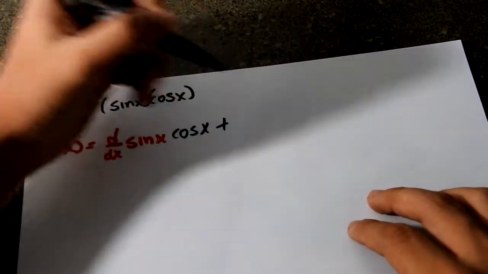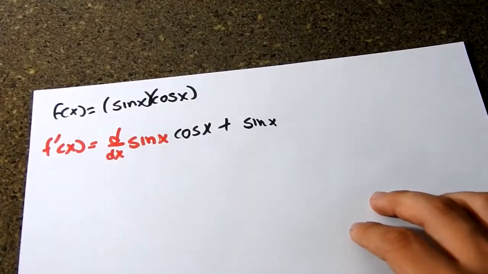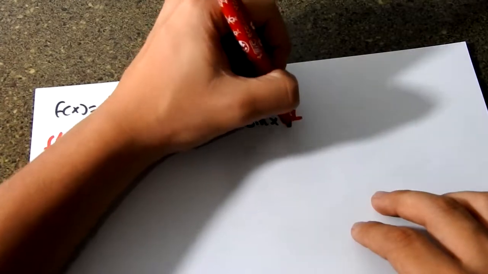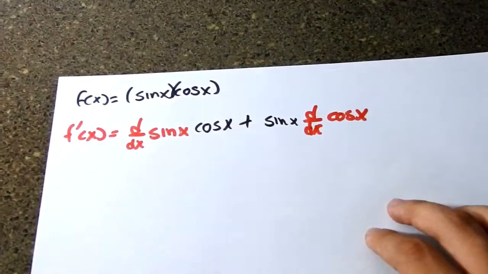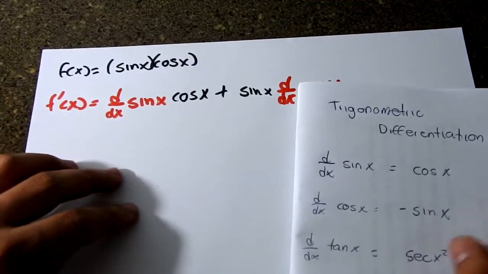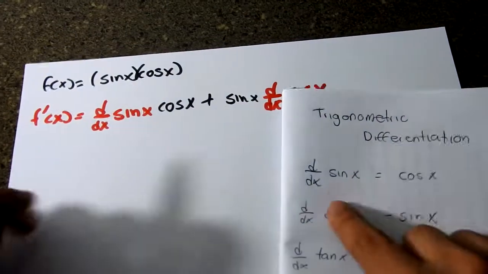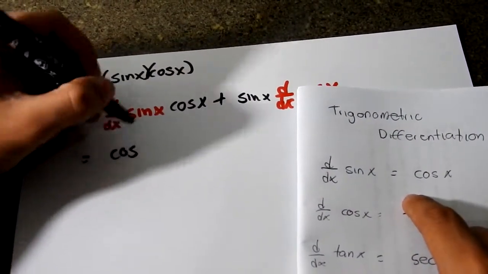So now, continuing, we have sine x times derivative of cosine x. So now, following this table over here, we know that derivative of sine x is going to be cosine x, so we're going to have cosine x.